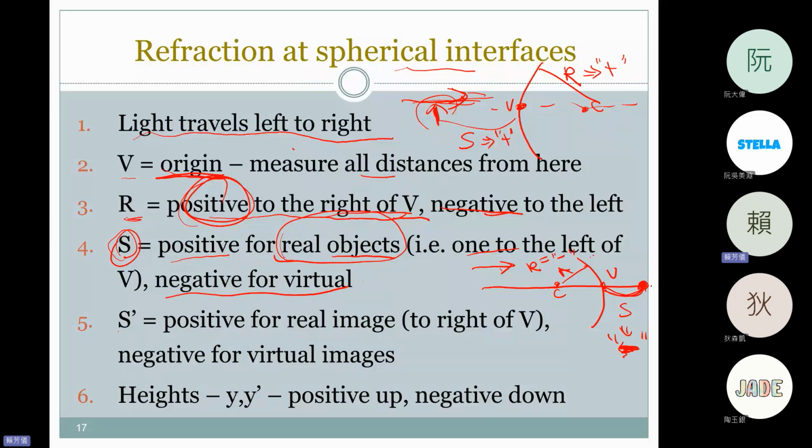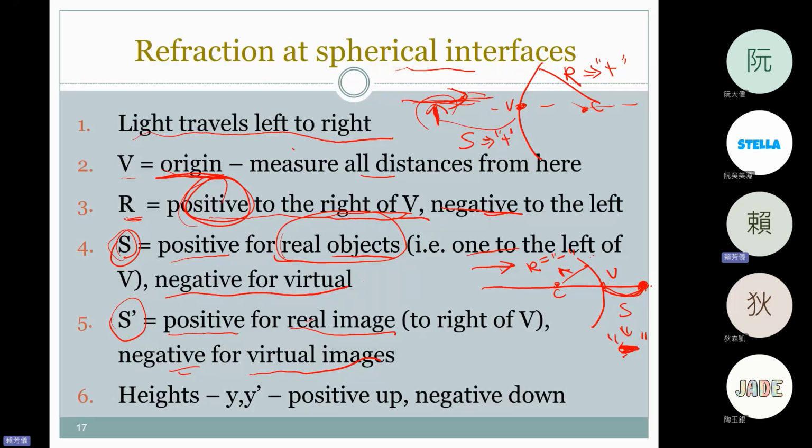And it is the same situation for the image distance. If your image is a real image, the image distance will be positive, and if it is a virtual image, then it should be negative.